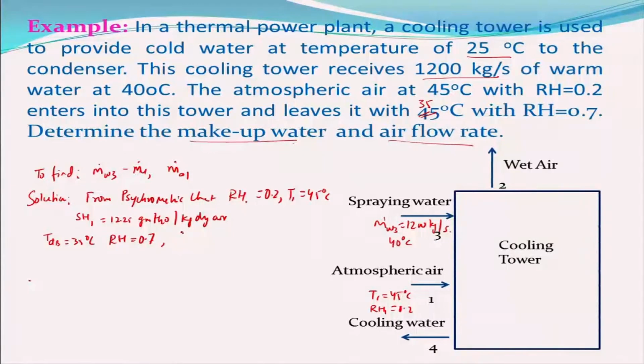So I will get SH2 is 0.027 kg of water per kg of dry air. H2 I can get 105 kilojoule per kg, and H1 we can also find out from the psychrometric chart, that is H1 is equal to 80 kilojoule per kg.